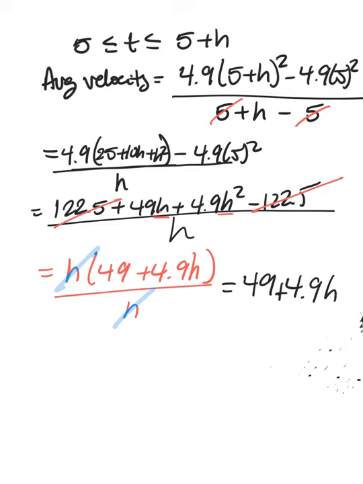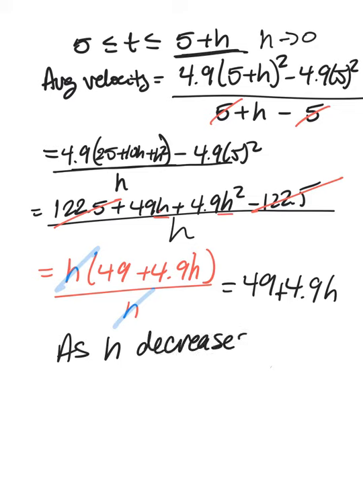Now remember, what's the deal with h? H is ridiculously small. I want h to be almost nothing. I technically want h to be 0, so that way it can get to me at 5 seconds. So I want that h to be 0. 4.9 times 0 is just 0, and 0 plus 49 is 49. So as h decreases, what's happening to my velocity?